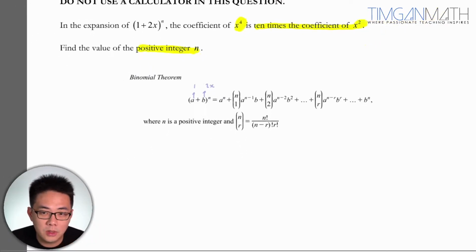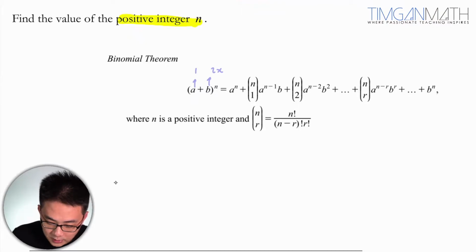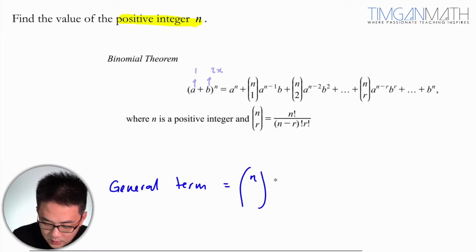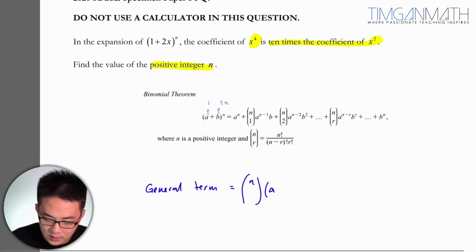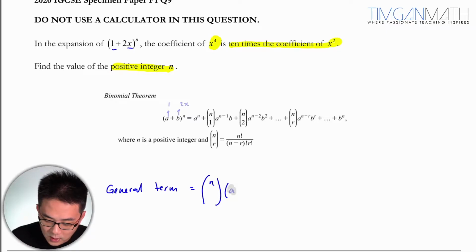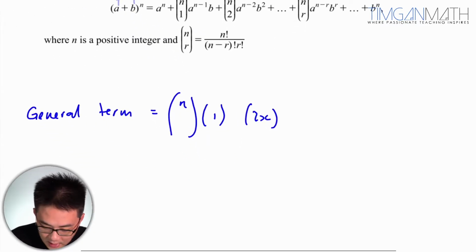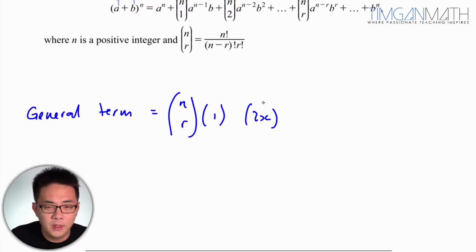Usually what I tell my students is the general term will just be n choose r, bracketing this as such. In this case, it is 1 and 2x. If this is r, you can pick either one to be r, it doesn't matter.